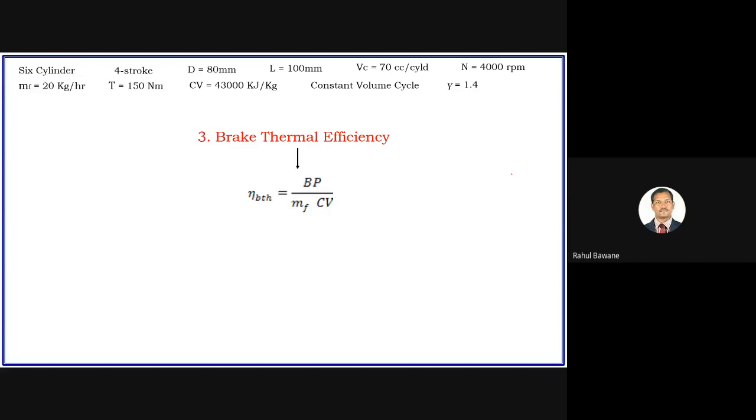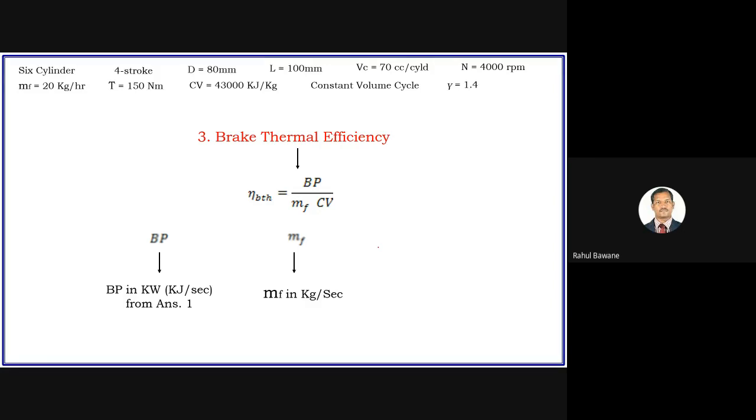Now heat generated means mass of fuel consumed multiplied by CV. So brake power, we already calculated in answer of first, but that brake power is in kilojoule per second, kilowatt.